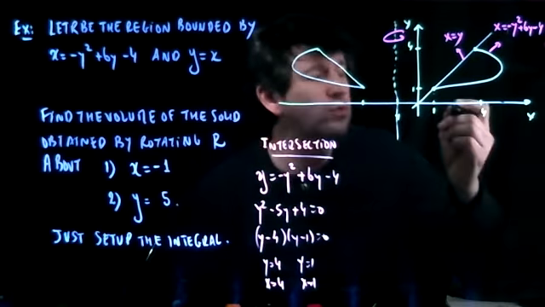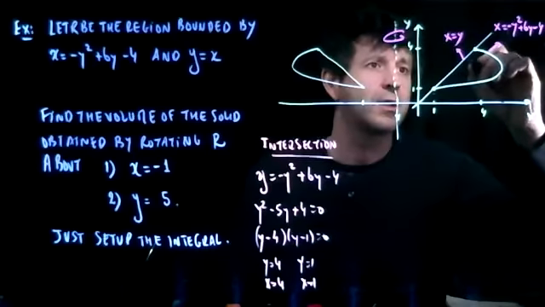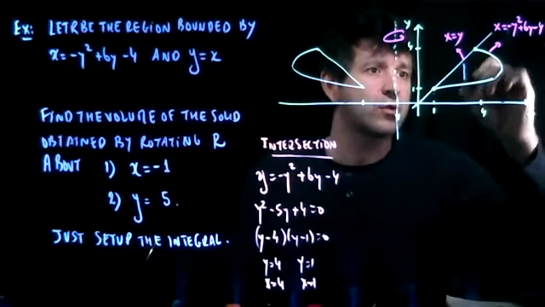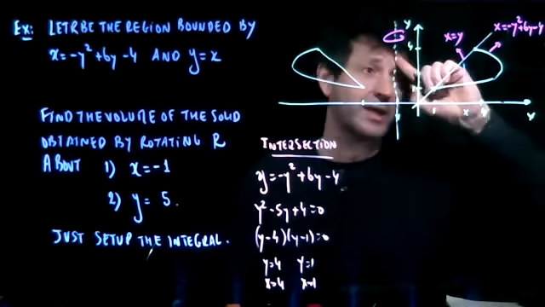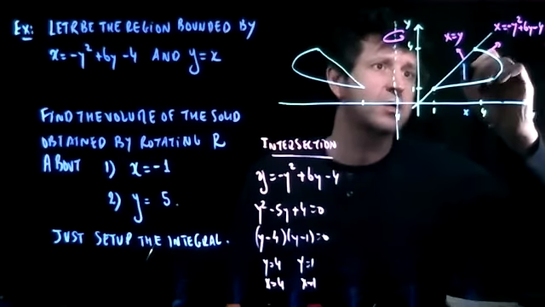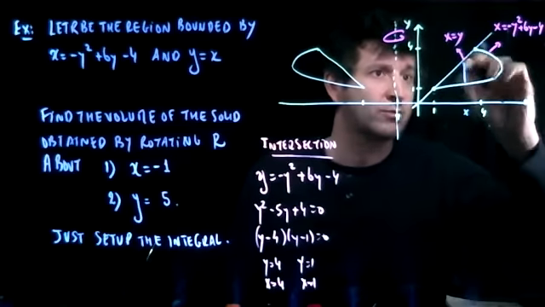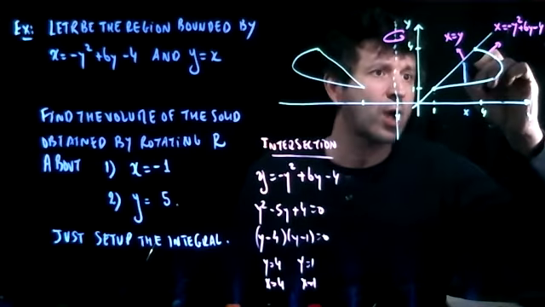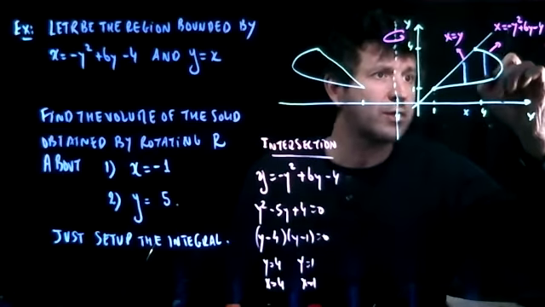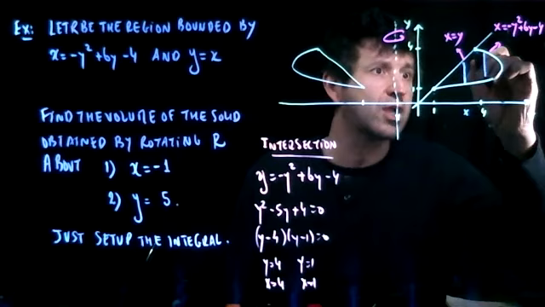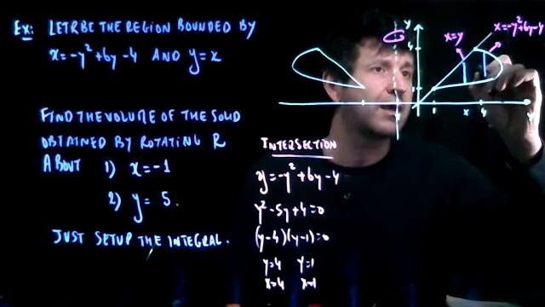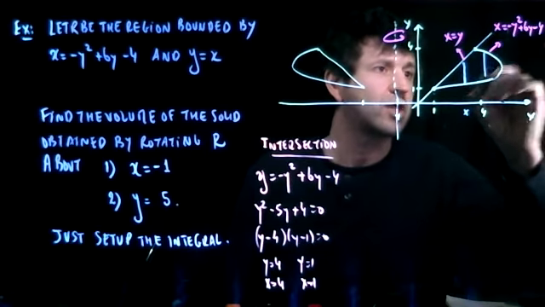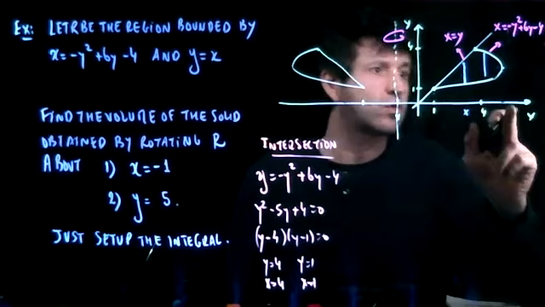Because if you were to do a shell, then you would set up an x here. Look how complicated it would be. You would set up an x, so you would have to do top minus bottom to find the height of your cylinder. And as you see, top function minus bottom function, they're different. You have to change at 4. You have to find the vertex here because the x goes all the way to the vertex.